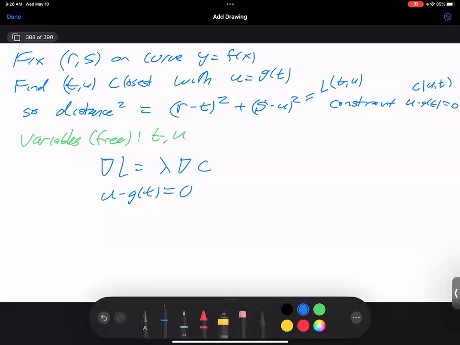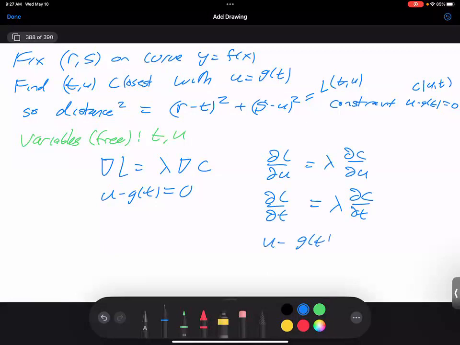I could get dL/dU equals lambda dC/dU, dL/dT equals lambda dC/dT. And then my last equation is going to be U minus g of T equals 0. 3 equations, 3 unknowns. And then I get the optimal TU as a function of the fixed R and S.